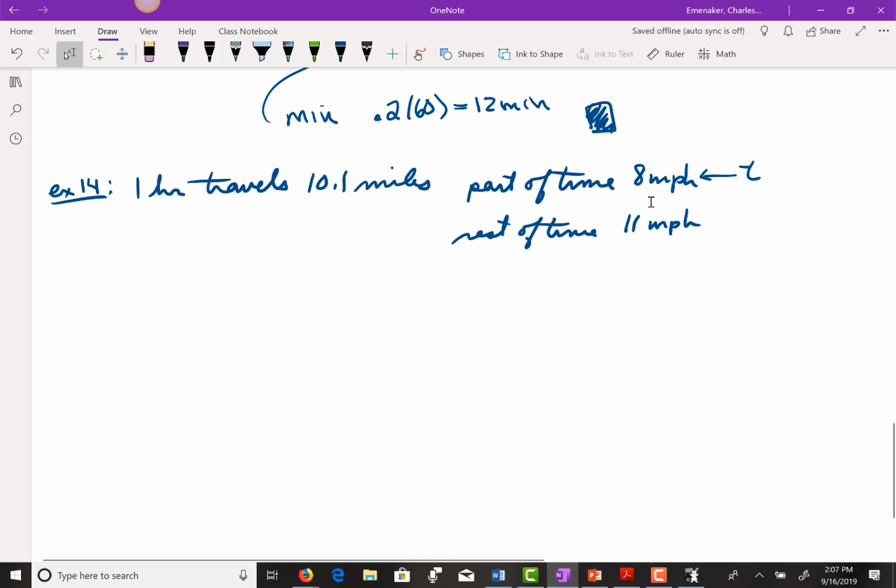It has to be 40, doesn't it? Because it adds up to an hour. Aha. That gives us a quick way to figure out what this is. It's going to be 1 hour minus however much time it was doing 8 miles an hour, doesn't it? The advantage to writing it like this is we still just have one variable, t. So we're okay. We're still with one variable.